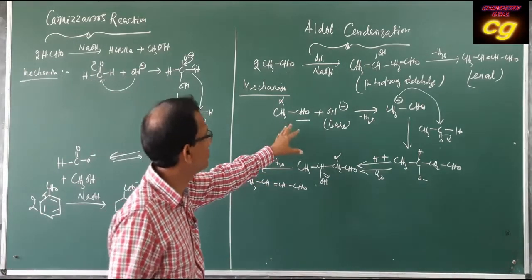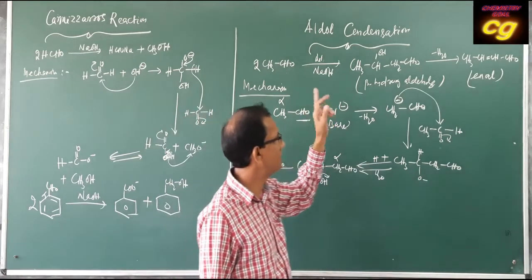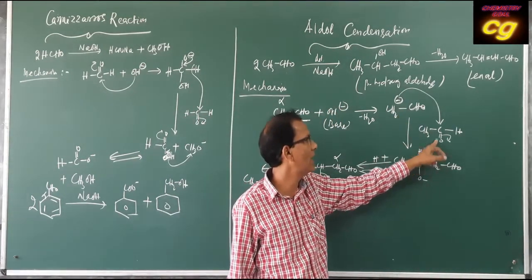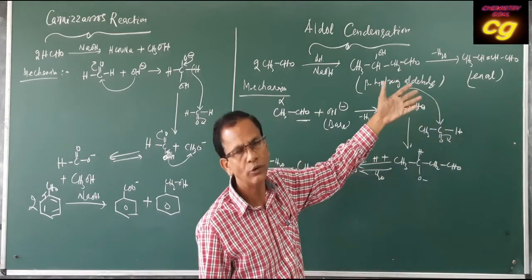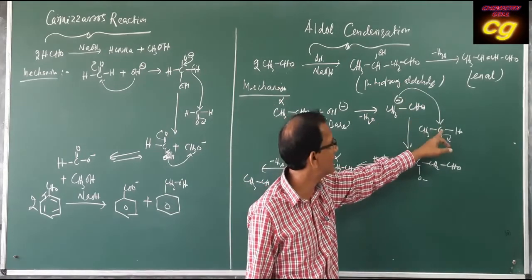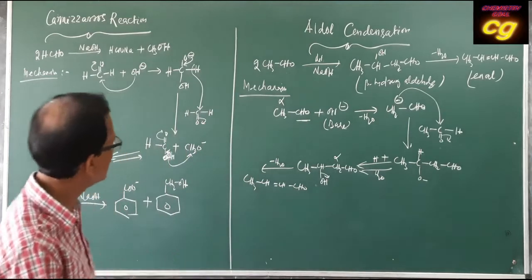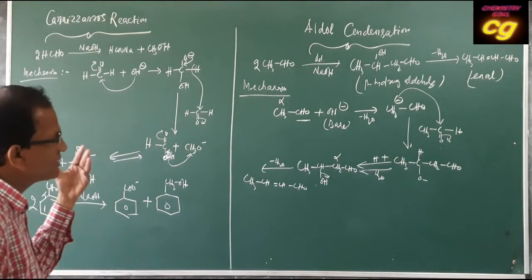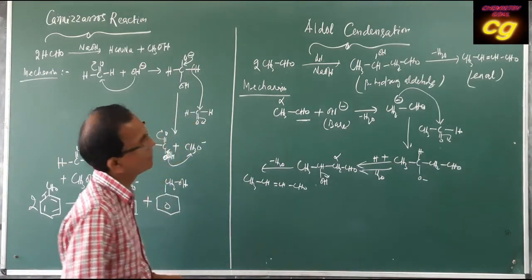If an electron withdrawing group is there, then it can lose H plus and itself acts as a nucleophile in the second step, attacking the keto group. We already know aldehydes and ketones show nucleophilic addition reactions. So in this way, you have to think which mechanism will be applicable, which will be suitable, and it depends upon the nature of the product. You have to think accordingly. Okay? Thank you all.